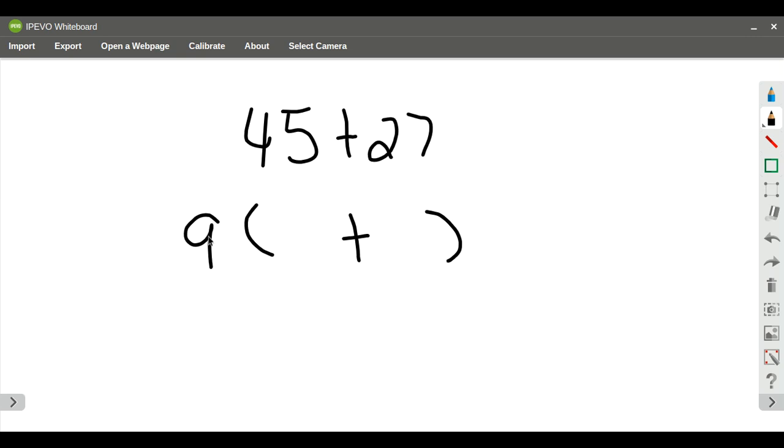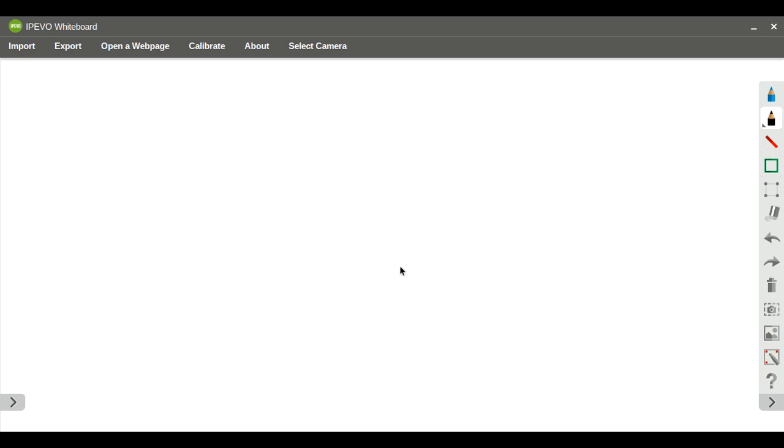So 45 divided by 9, I get 5. 27 divided by 9, I get 3. That's going to be my problem. So I have 45 added to 27, and the factoring out answer is going to be 9 times 5 added to 3.